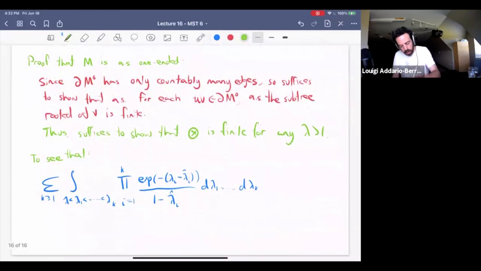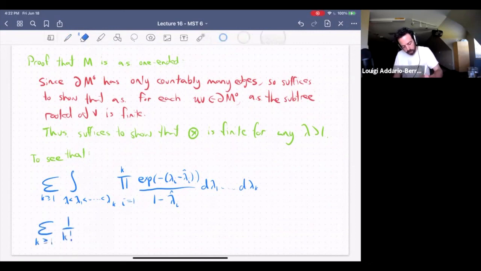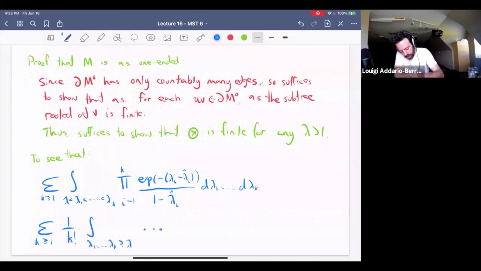I'll start by writing this as an integral, symmetrizing so that the lambdas don't have to be ordered, and that gains me a factor of 1 over k factorial. So I can write this as 1 over k factorial, and then the integral over lambda 1 up to lambda k greater than or equal to lambda of the product from 1 to k of e to the minus lambda I minus lambda I hat over 1 minus lambda I hat.